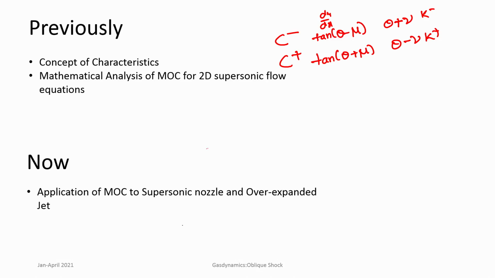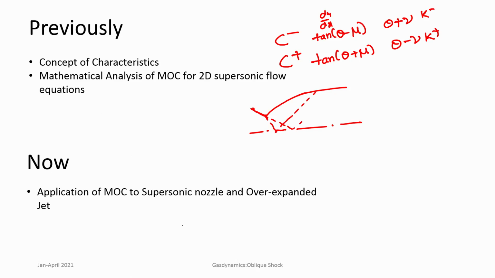We also had an introduction to what is meant by a contoured nozzle, where the nozzle is designed in such a way that the flow at the exit is uniform.